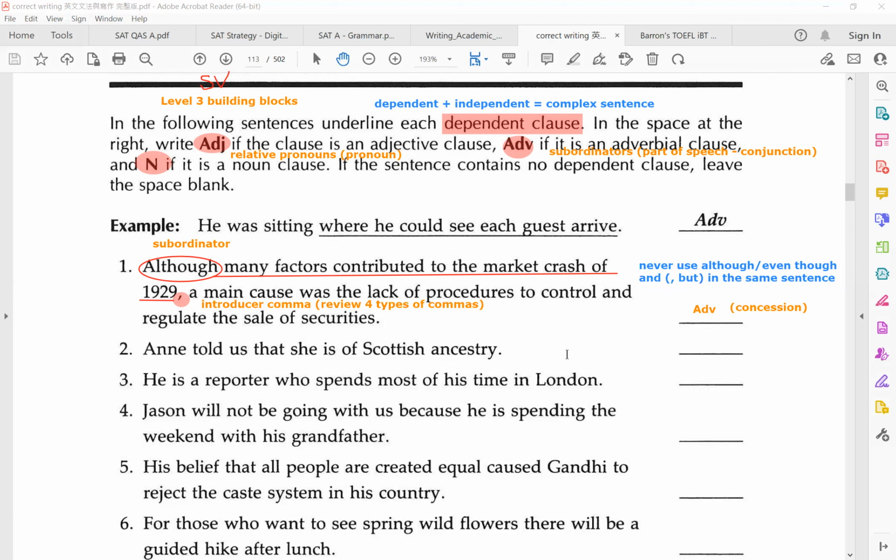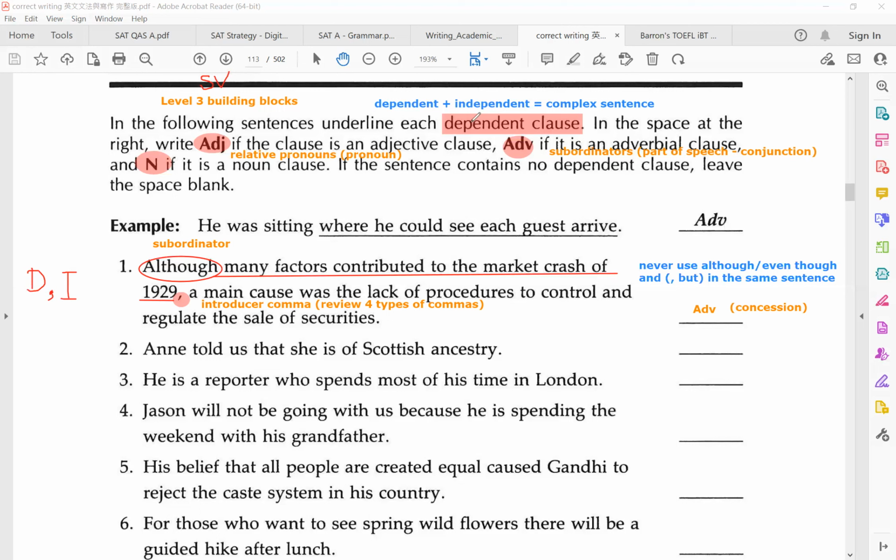So you are creating a fragment if you use them together. So make sure when you have although or even though, you only use a comma followed by your independent clause. All right, so the basic structure of this sentence is D, adverbial clause dependent, introducer comma, and then independent I.